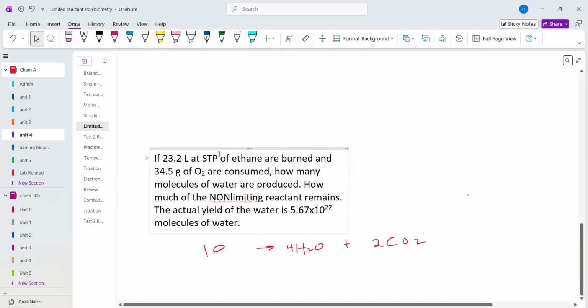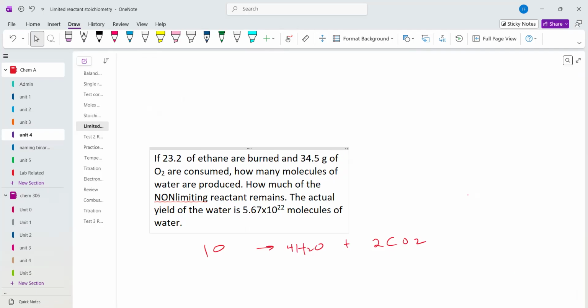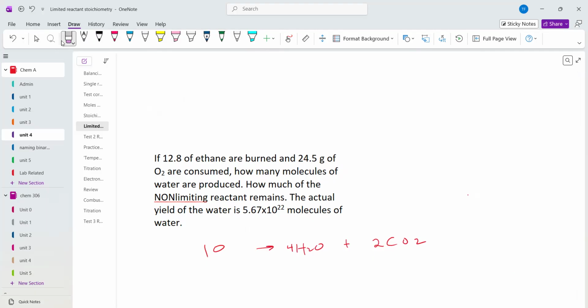So don't start writing down. Okay, so this is a little different problem. Is that 12.8 grams? There's no grams, yeah.